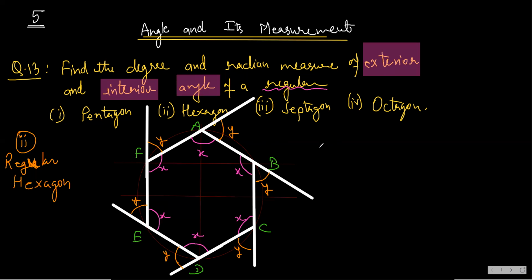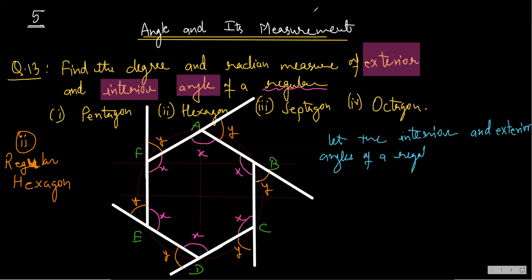So I will start my solution by writing: let the interior and exterior angles of a regular hexagon be x and y respectively.